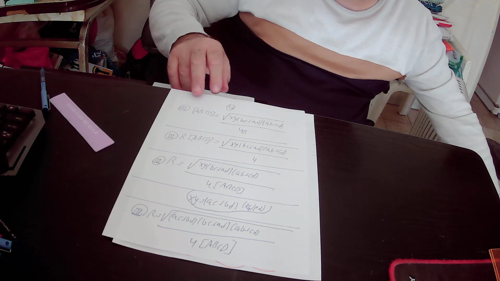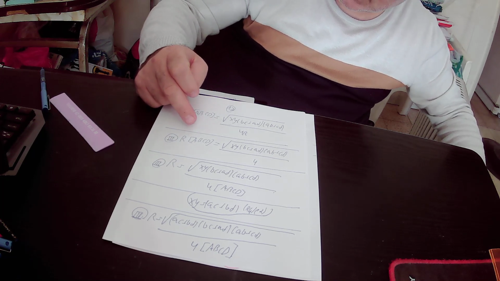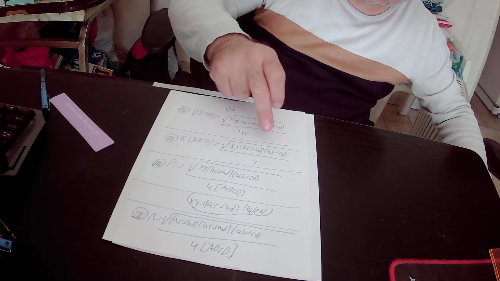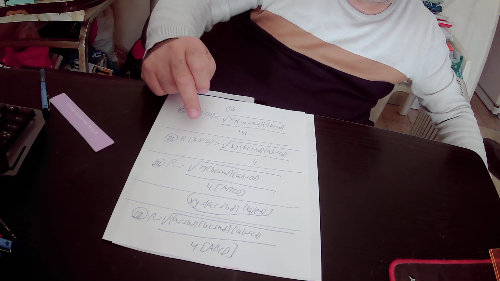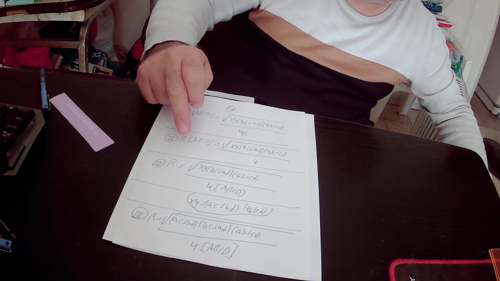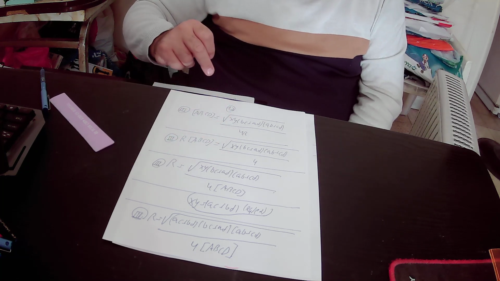Here we multiplied equation number 3 by R, and we got that R times the area of quadrilateral ABCD equals this expression, and we divided by the area of quadrilateral ABCD, and we got that the radius that we are looking for equals this expression.